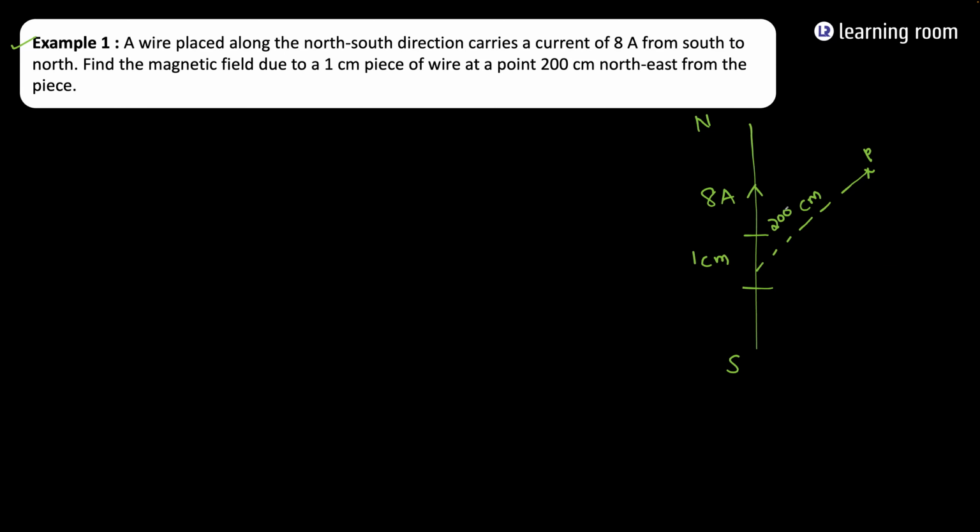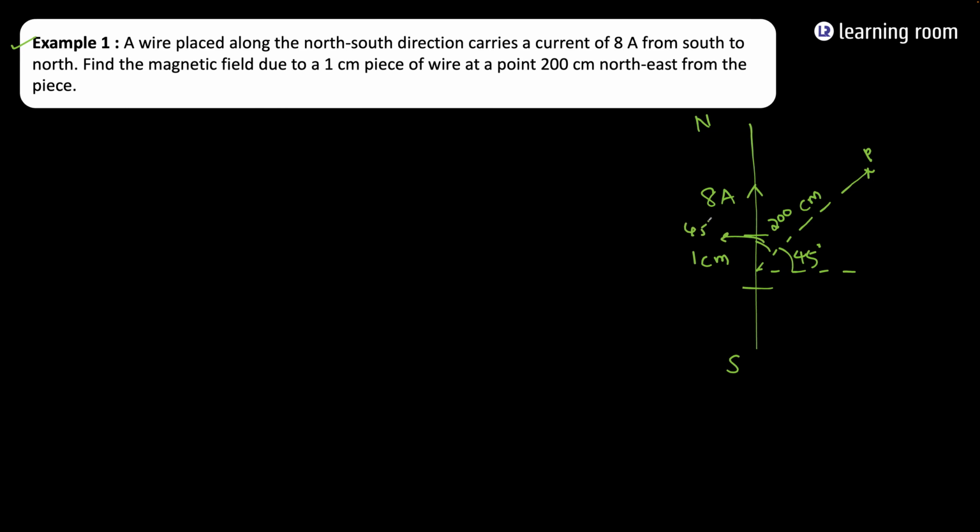Since they told northeast direction, what is the angle made by the r vector with respect to the horizontal? How much is this angle? 45. So it is going to be 45 degree. If this is 45, this is also going to be 45 degree, right?